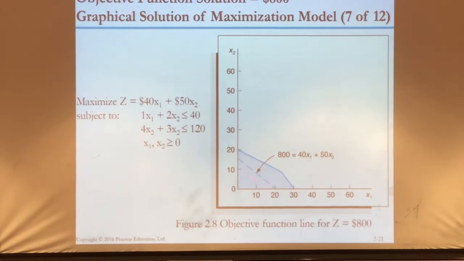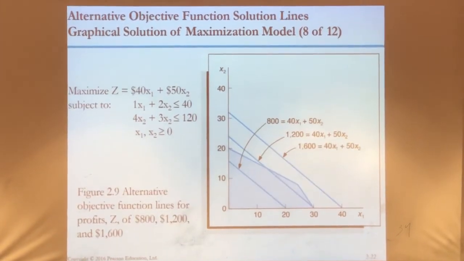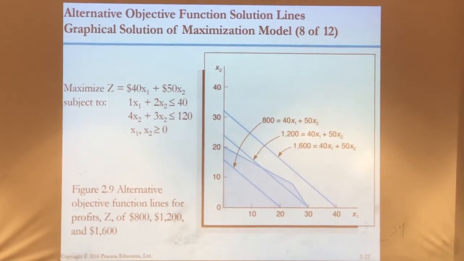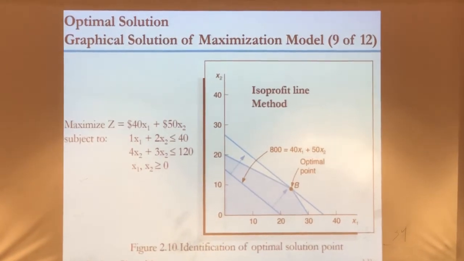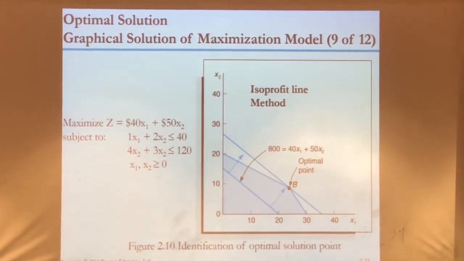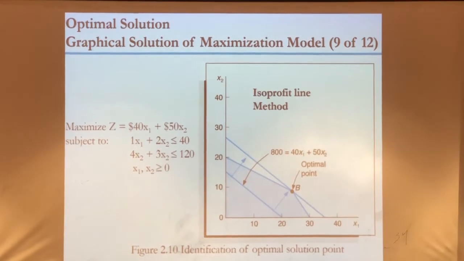This is an isoprofit line here. All right, and this is drawn, and parallel lines are drawn, and it is the isoprofit line that is going through this optimal point.